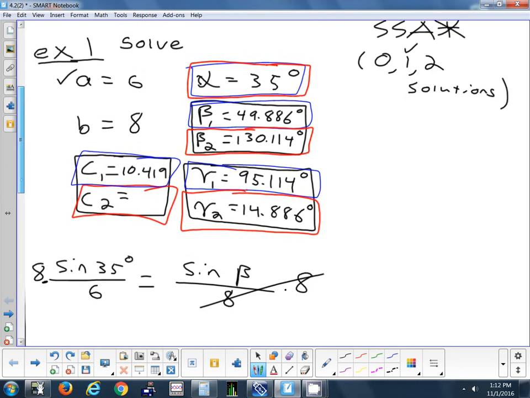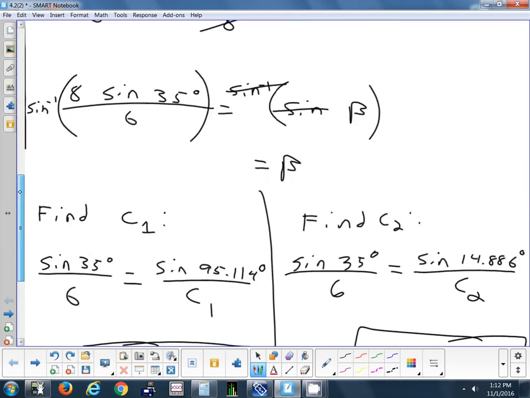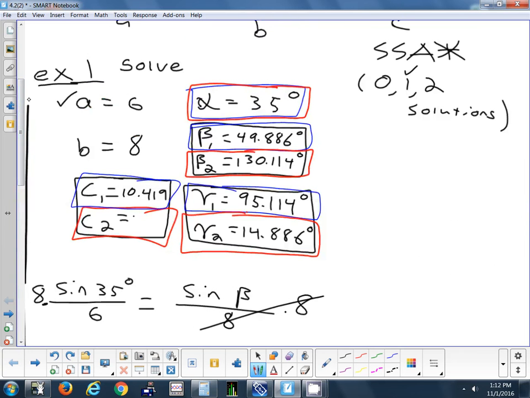And how about for C2? Yeah, Travis? 2.687. Okay, so that's a pretty small side, but gamma 2 is a pretty small angle. So the smallest angle should be with the smallest side, and gamma 2 is the smallest of the red boxes.